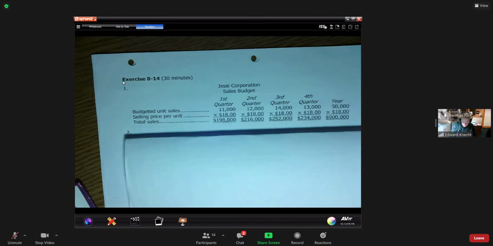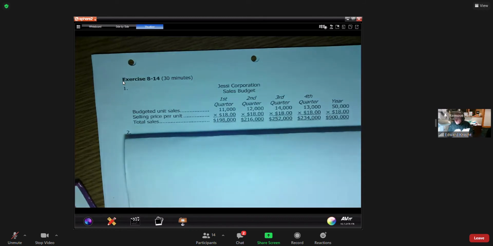They tell you they collect 65% of the sales in the quarter in which the sales are made. So we have the total sales, 65% is collected. So in the first quarter, what is that? 198,000, 65% will be collected. We could do that easy enough, right?